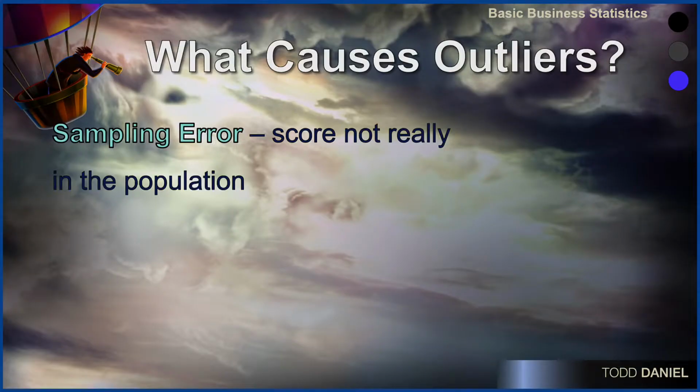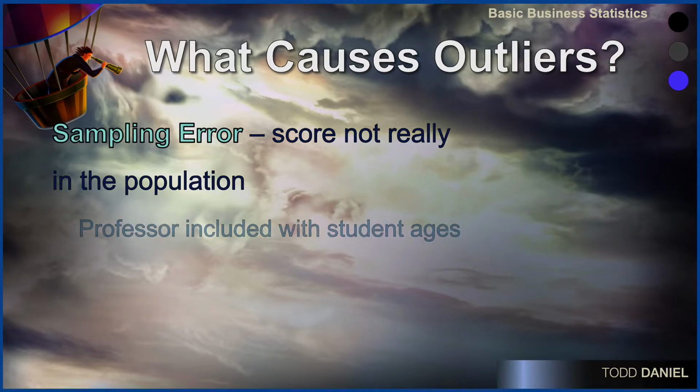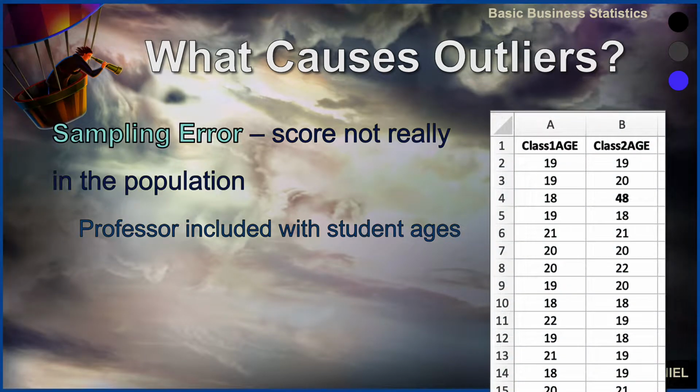Another time that outliers will occur is where we get a data point from someone who is not actually part of the population. In this example, we have ages collected from 2 college classrooms. In classroom A, we see ages that we would expect for typical college-age students, running from 18 years old to 22. But in classroom B, we have the same typical scores and an outlier at age 48.